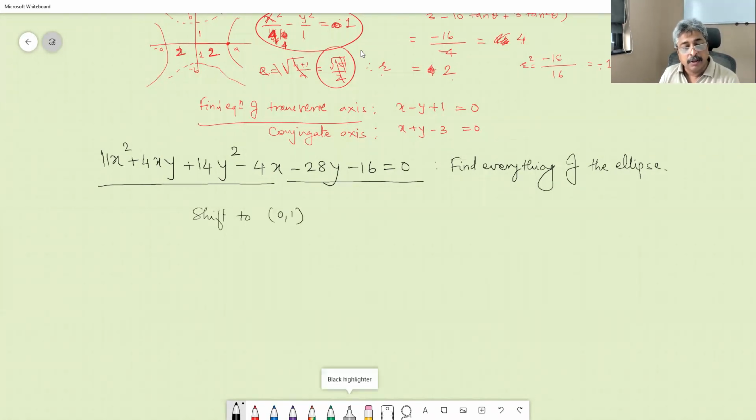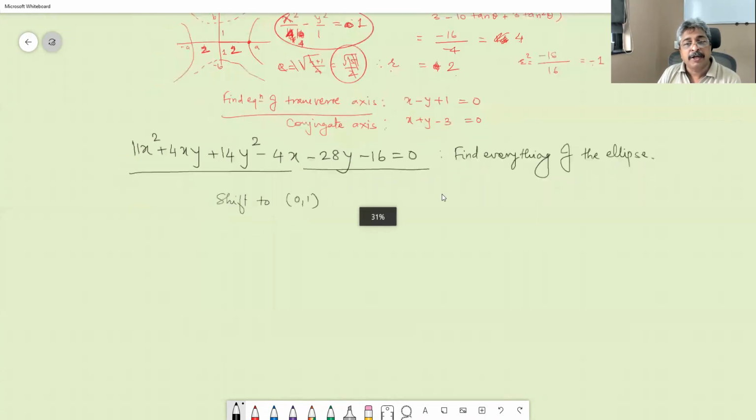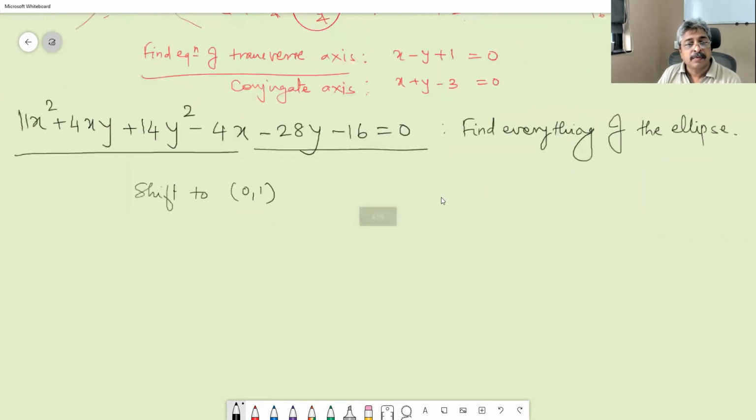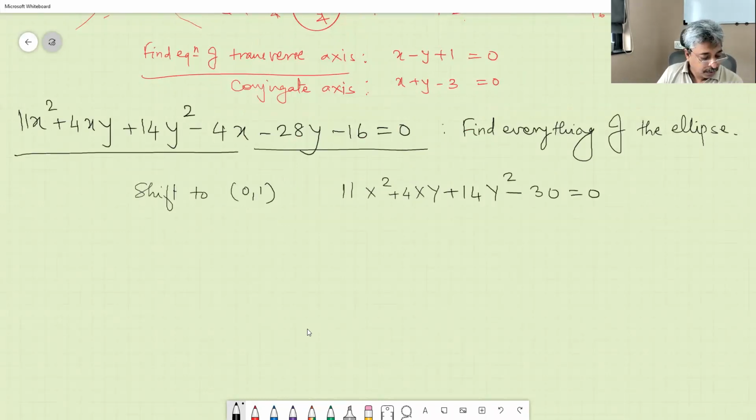Okay. And then the constant term that you end up getting is minus 30. So your equation looks like 11 capital X square plus 4 capital XY plus 14 capital Y square minus 30 is equal to 0.